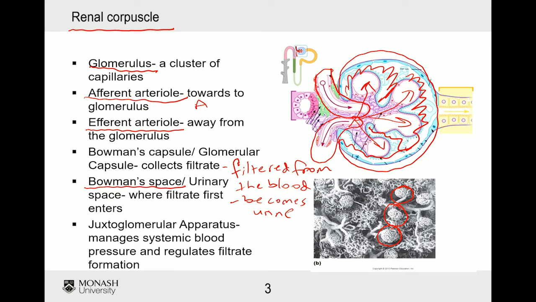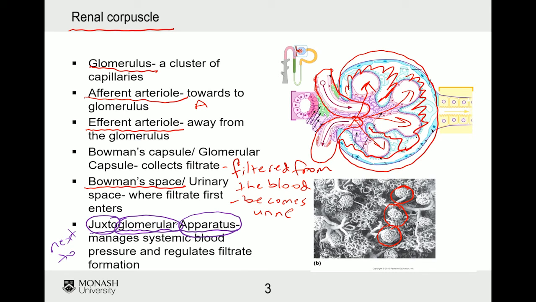So the Bowman's space. Then we have the juxtaglomerular apparatus. I'm going to do that in a different colour because it's quite complicated. Juxta means next to. Glomerular means glomerulus. And apparatus means structures.